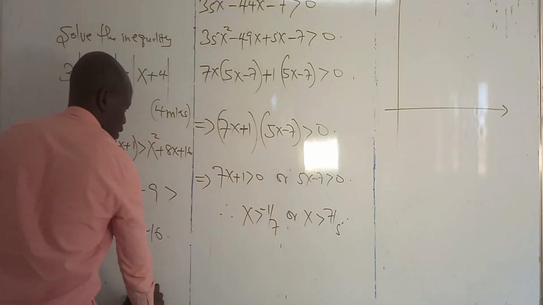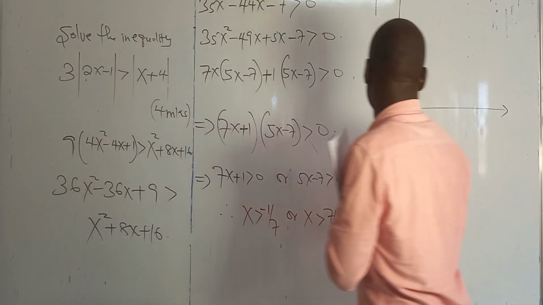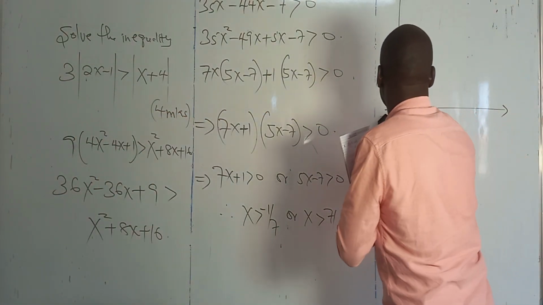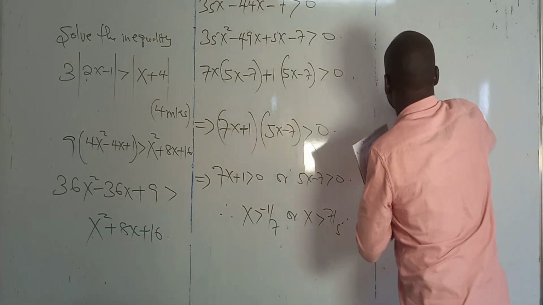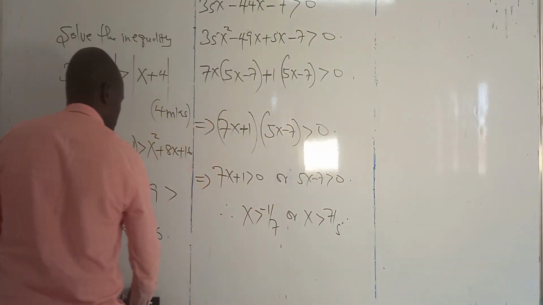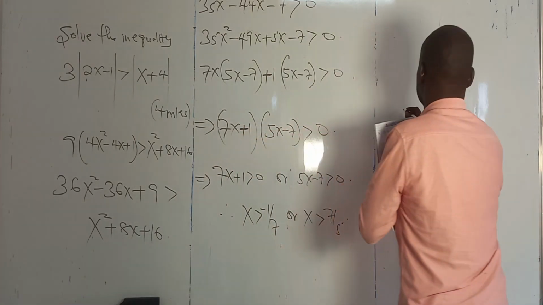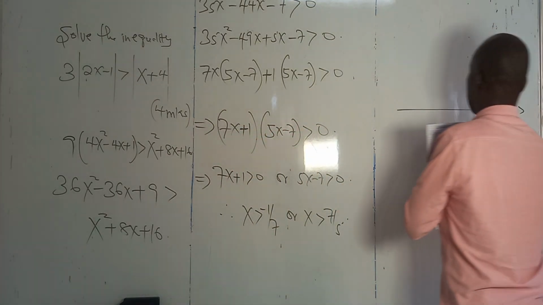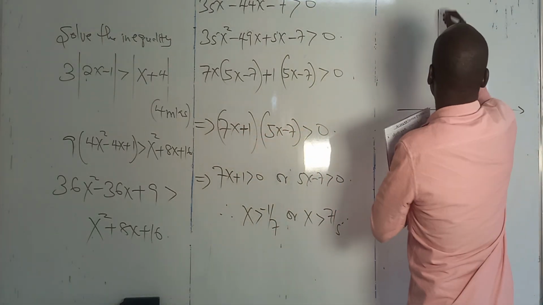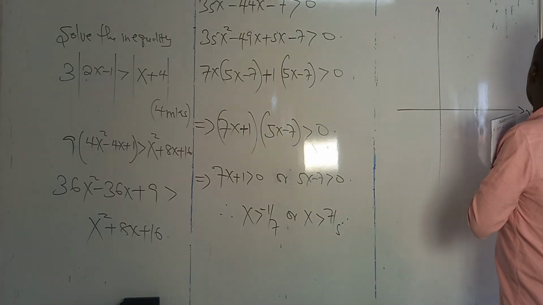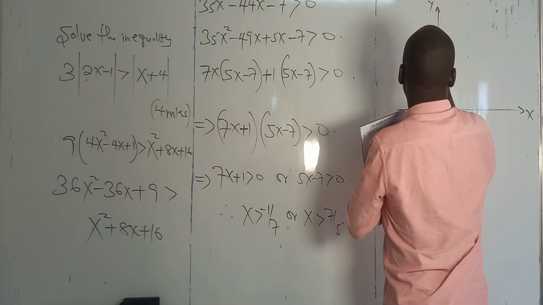Oh, sorry, because I have a negative involved, I should have given space. So let me just use this and this. So this is the x-axis, that's the y-axis.